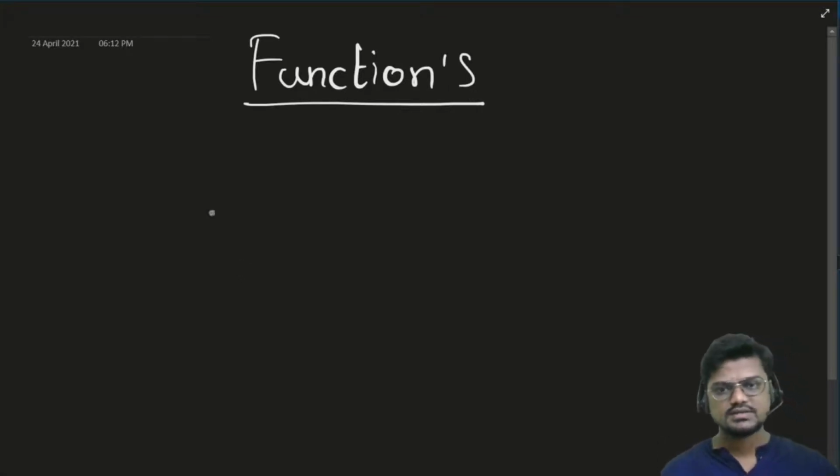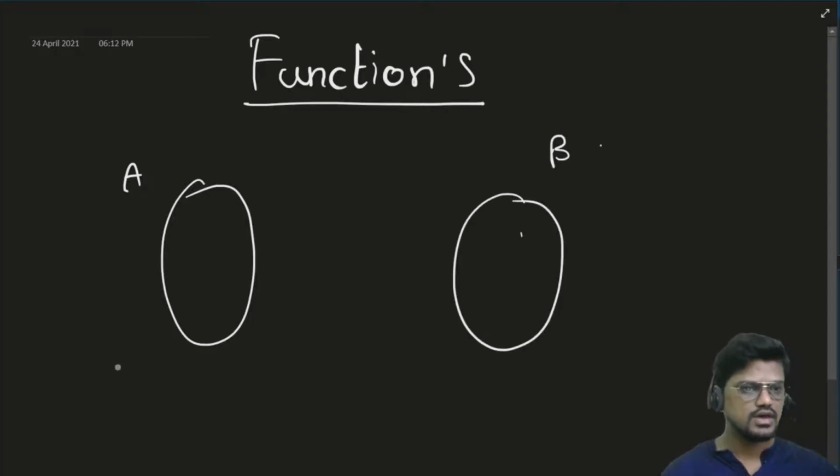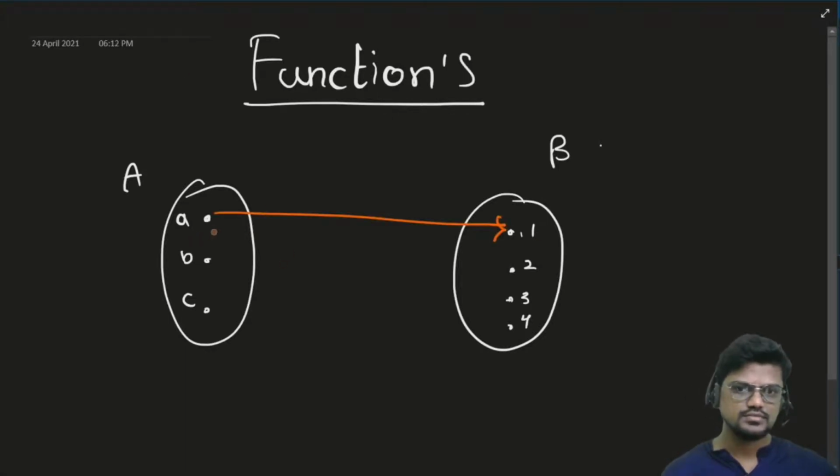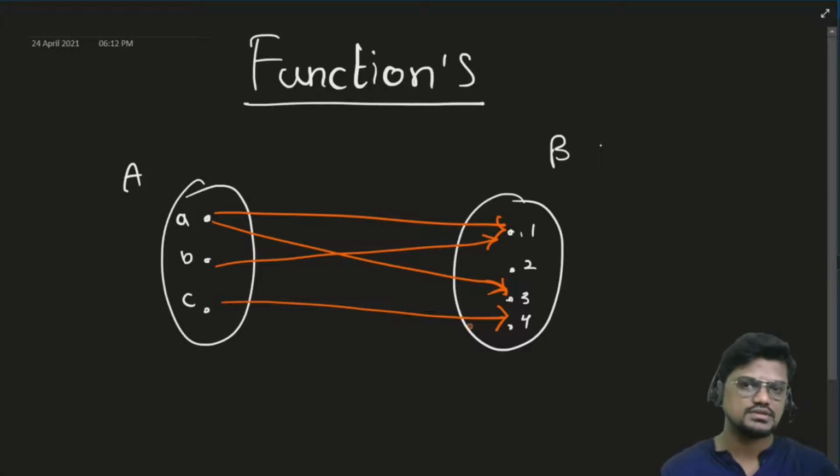See, if this is my set A and this is my set B, and these are the elements a, b, c, and these are also the elements 1, 2, 3, 4, and I give the relation over here like this: a is related to 1, a is related to 3, b is related to 1, and c is related to 4. Can I say that the given relation is a function?